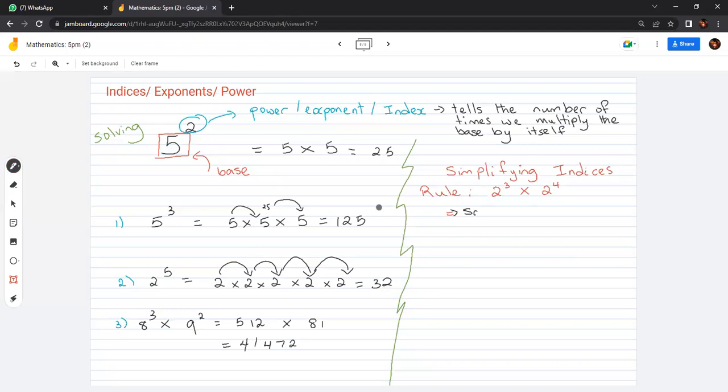So if you have same bases being multiplied, then that's where you add the powers. So anytime you have the same base, you just add the powers, that's all.